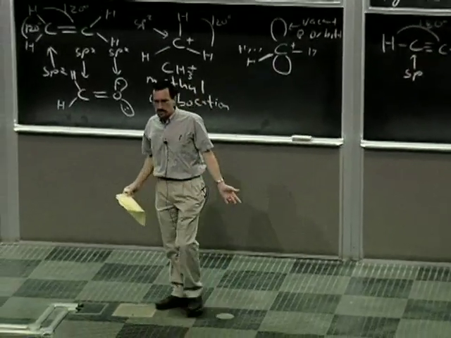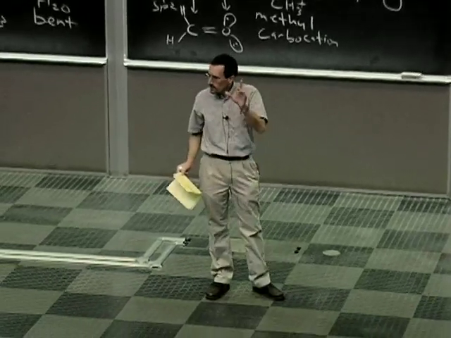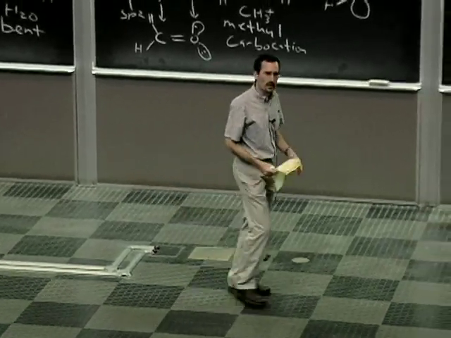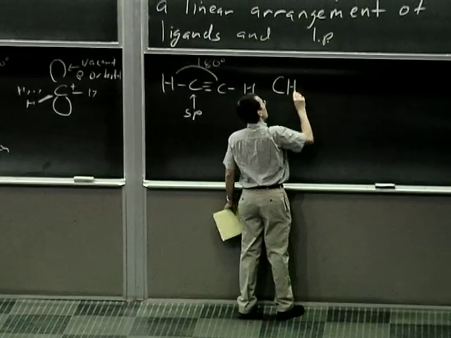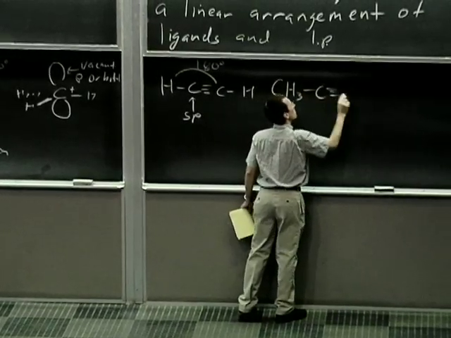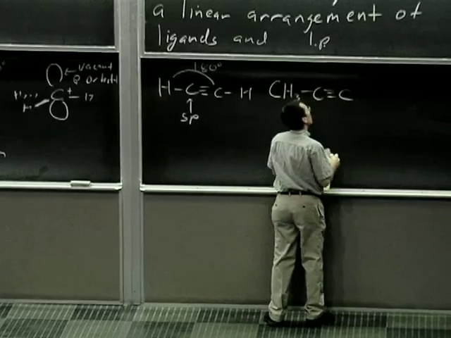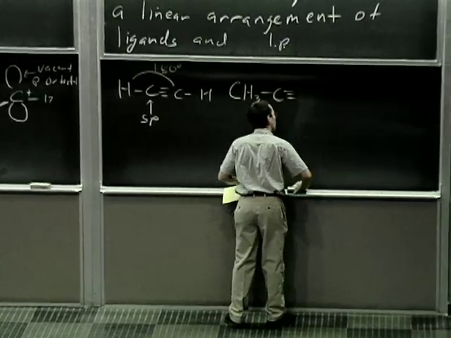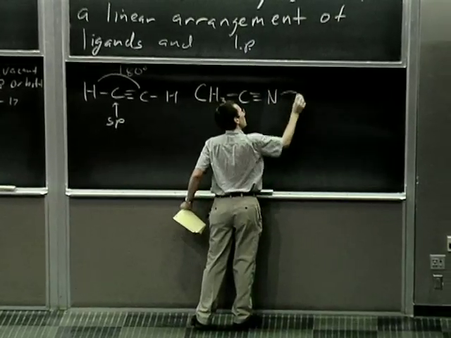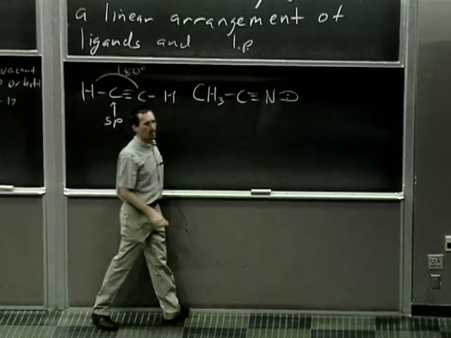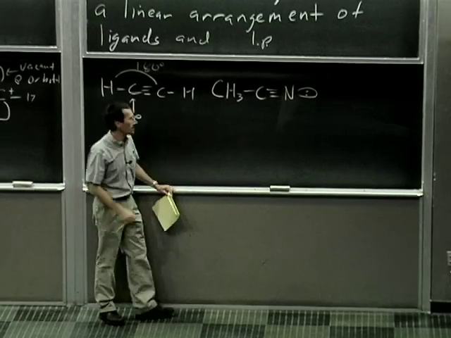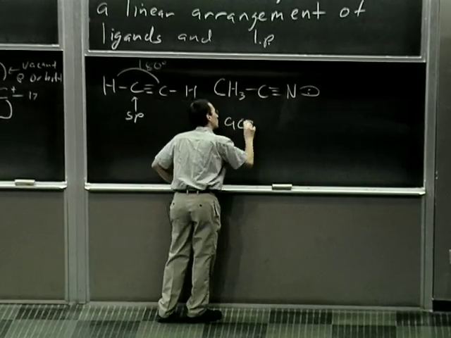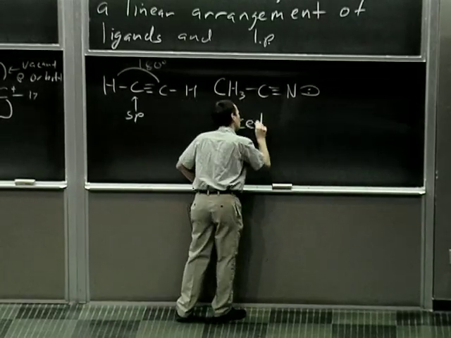Take a look at another molecule. You'll see a new functional group here. Let's take a look at acetonitrile, CH3CN. I'll draw in the lone pair of electrons. As I said, the name of this molecule is commonly referred to as acetonitrile.